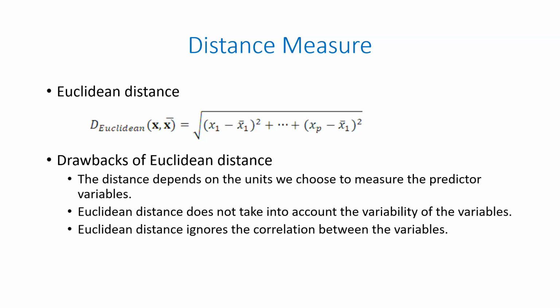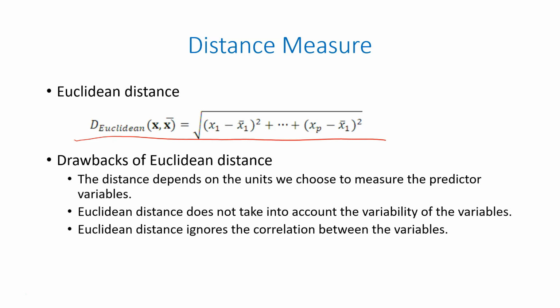The Euclidean distance formula for computing the distance between a case with multiple variables, x1 through xp, and the class centroid with values x1 bar to xp bar is shown here. It is simply the square root of the sum of the squared differences between the individual values and the means.